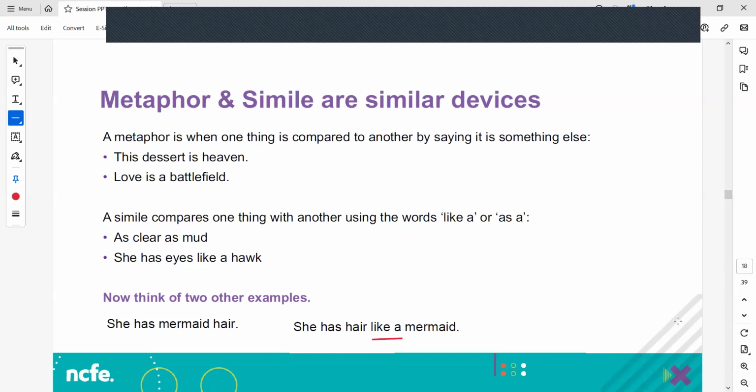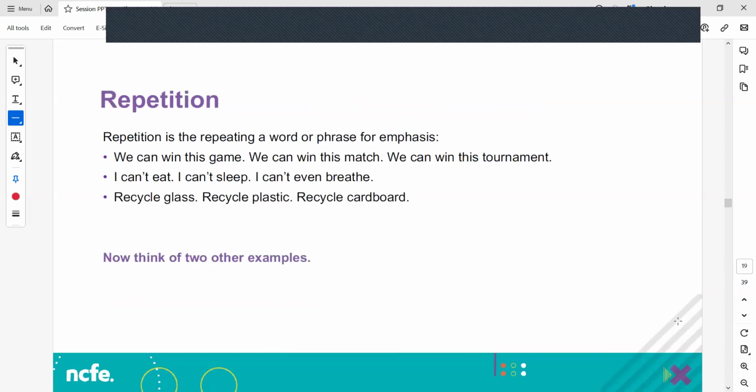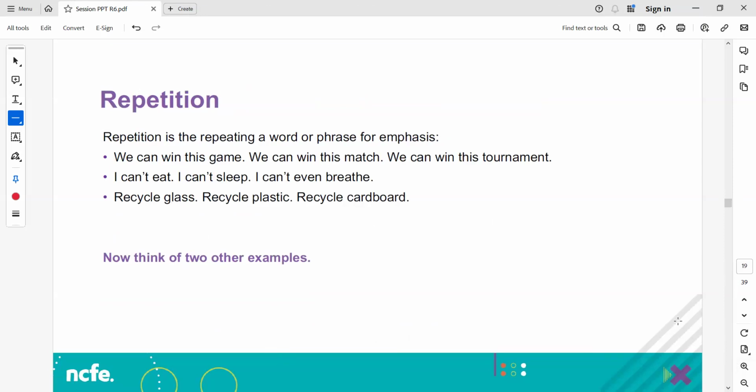Okay, so repetition is the repeating of a word or phrase for emphasis. We can't win this game. We can win, start again. We can win this game. We can win this match. We can win this tournament. I can't eat. I can't sleep. I can't even breathe.